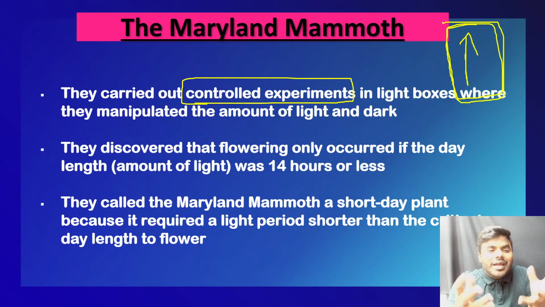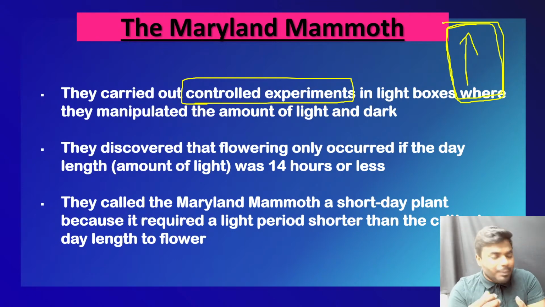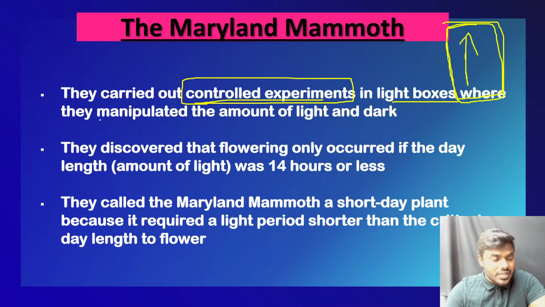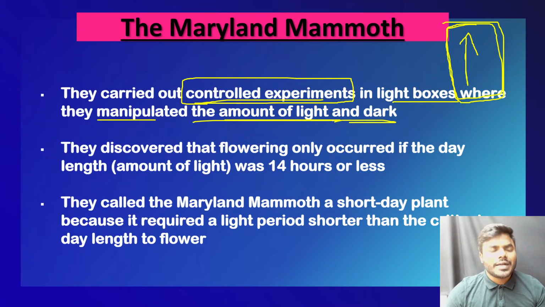The plant cannot understand which is the daylight and which is the dark condition. So they carried out the controlled experiments in light boxes where they manipulated the amount of light and dark.